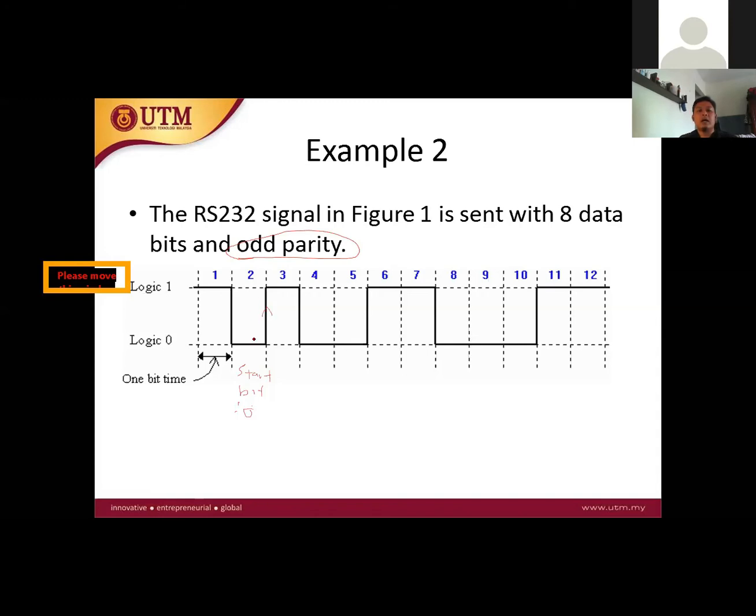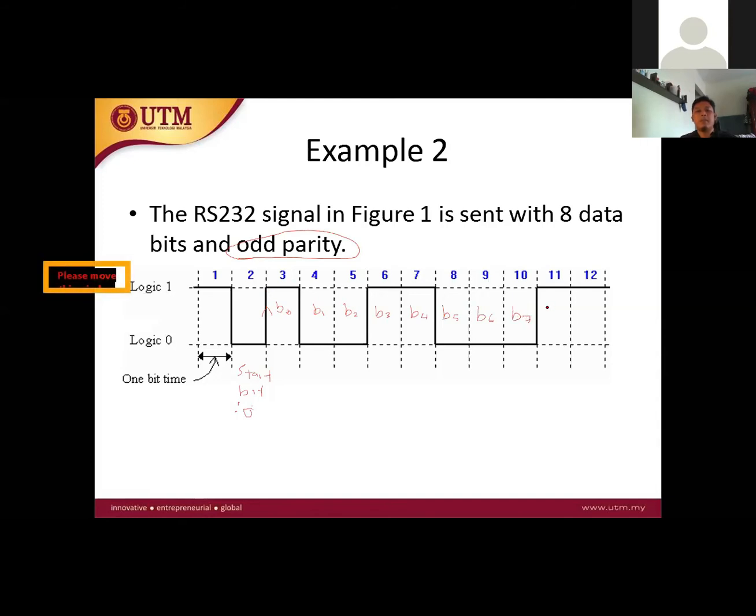So after the start bit, this will be the least significant bit B0, B1, B2, B3, B4, B5, B6, B7.